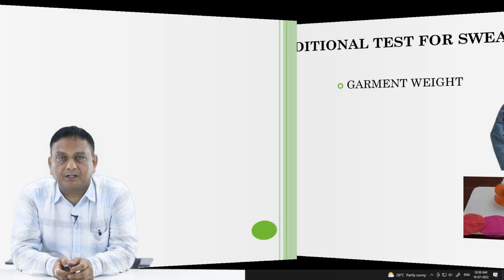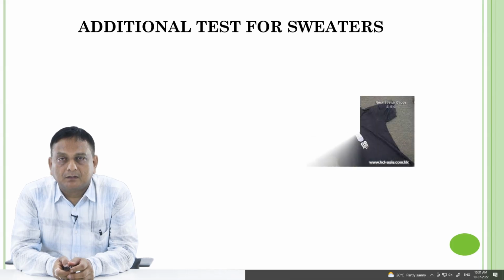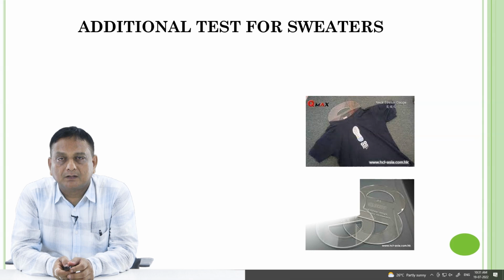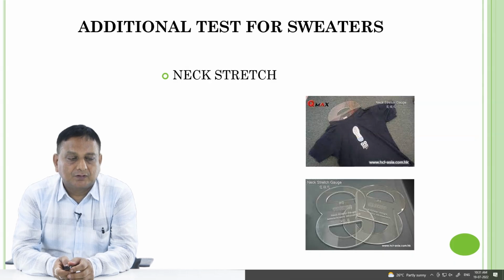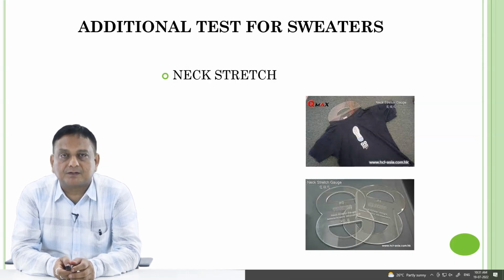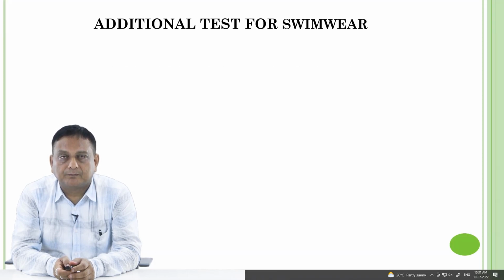So neck stretch is very important in this kind of sweater. Neck stretch is measured through some scales. Different types of scales are available for determining the neck stretch. So this is a very important part of the discussion on sweaters, both neck stretch and weight.